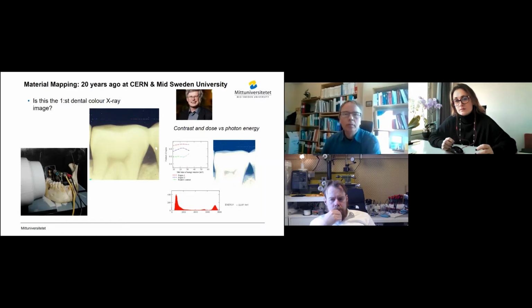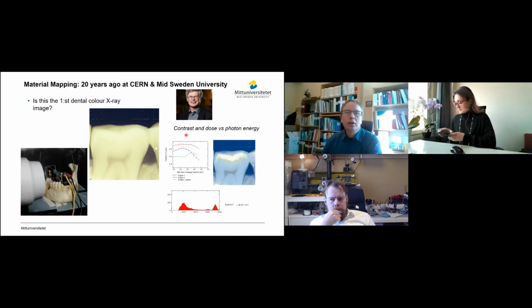It was a contrast versus dose study, to see how you could minimize the dose to patients in the European Union and still have a reasonable image quality. But there are a lot of different things you can study with this technique.